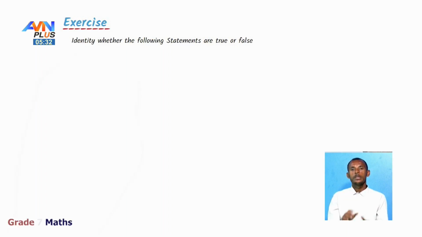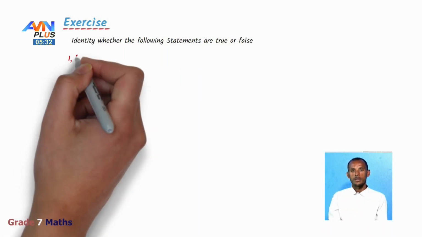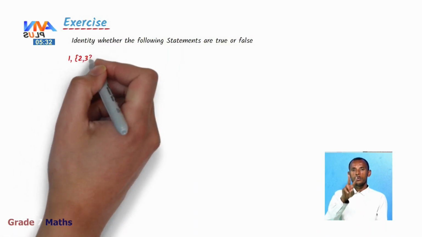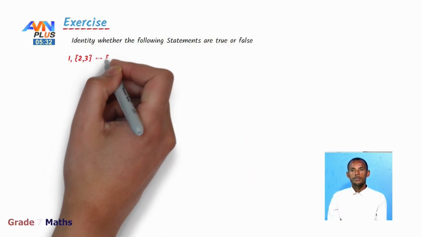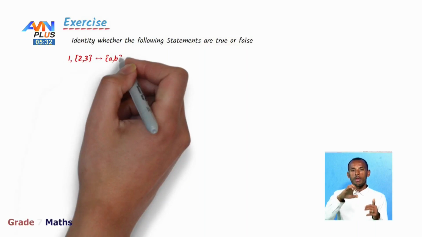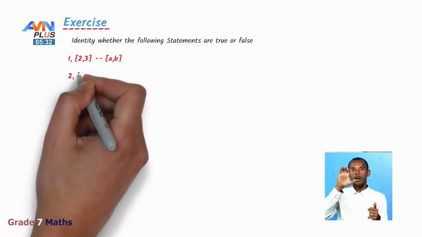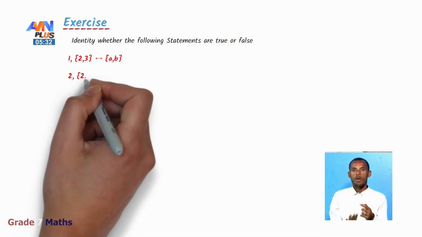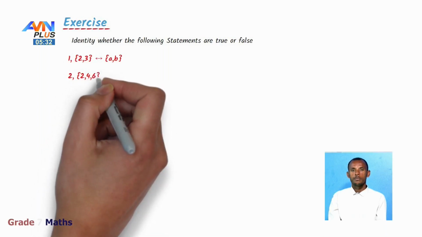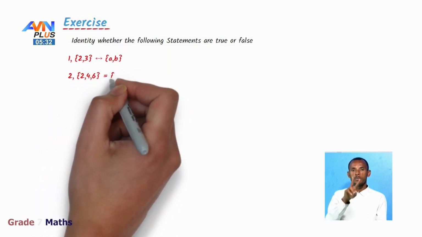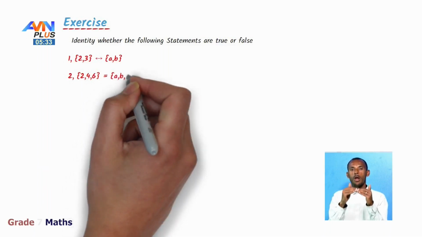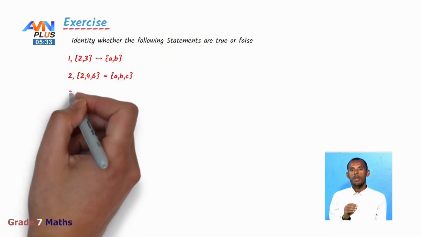Okay, the first question: {2, 3} is equivalent to {A, B}. Second question: {2, 4, 6} is equal with set {A, B, C}.